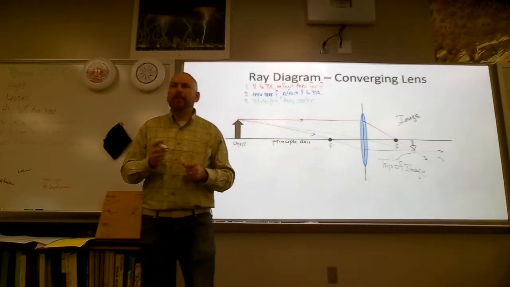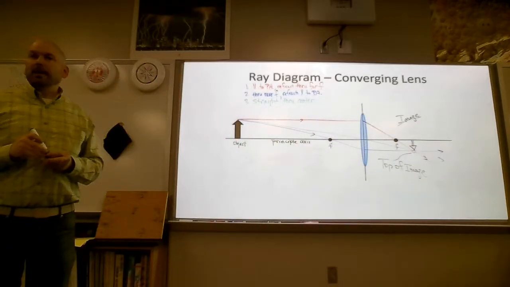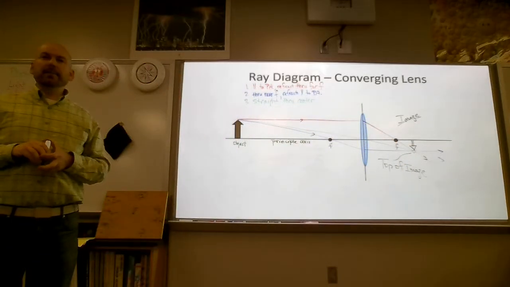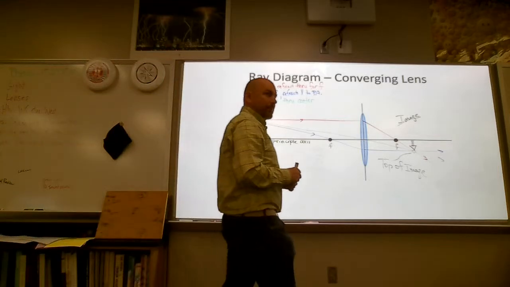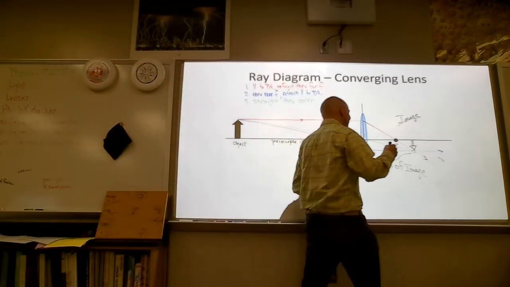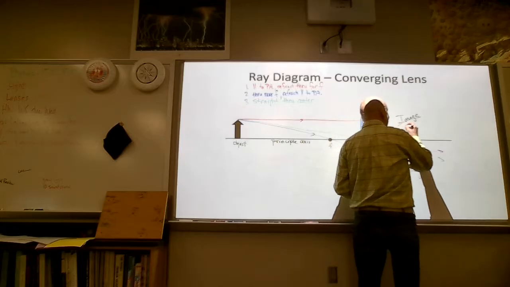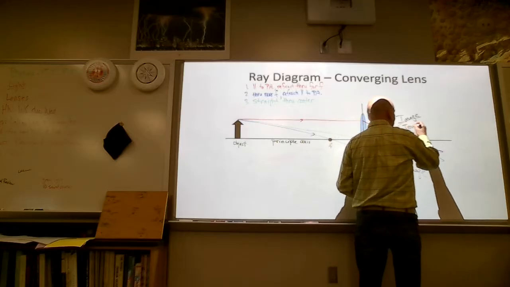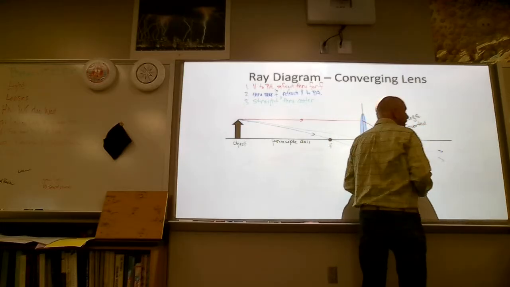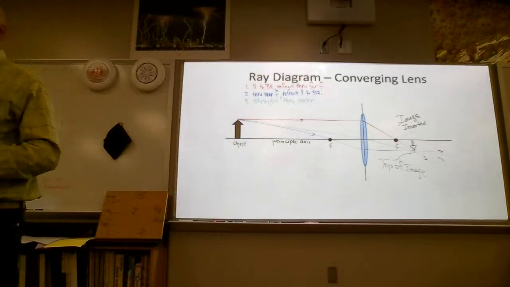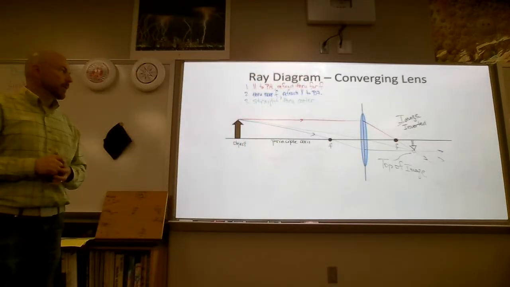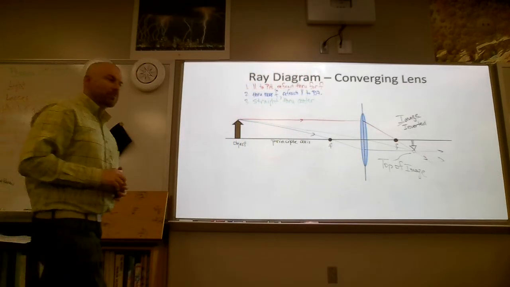We would describe the image as upside down or right side up. That's upside down, so we're going to say inverted. Is the image bigger or smaller than the object? Smaller.